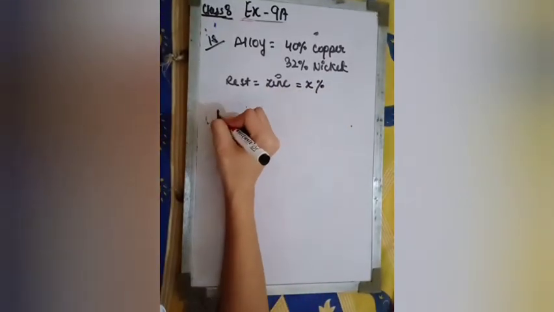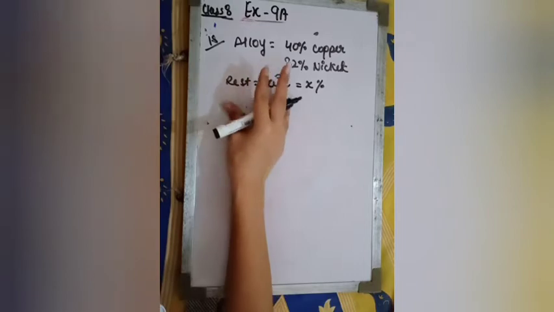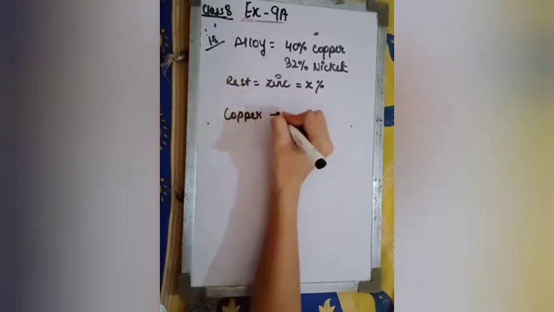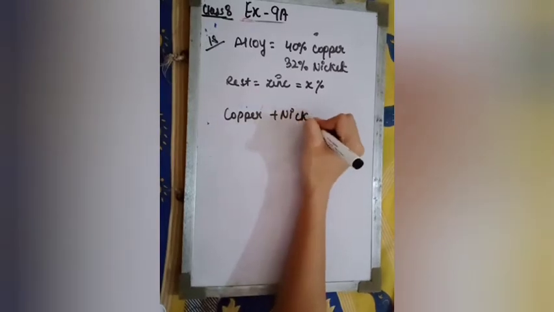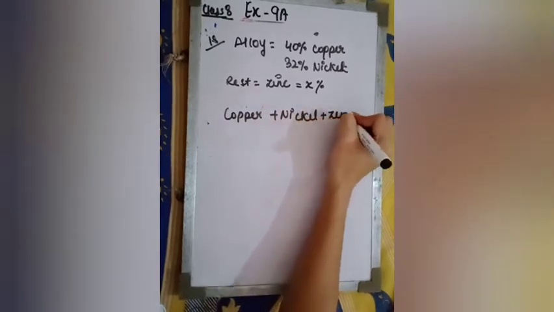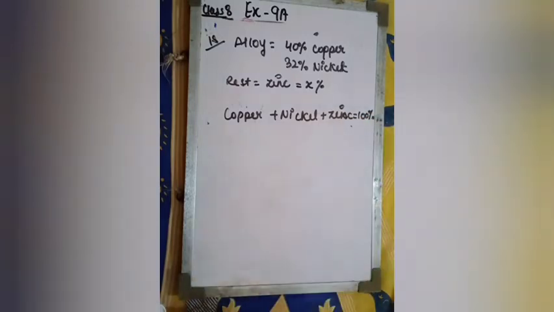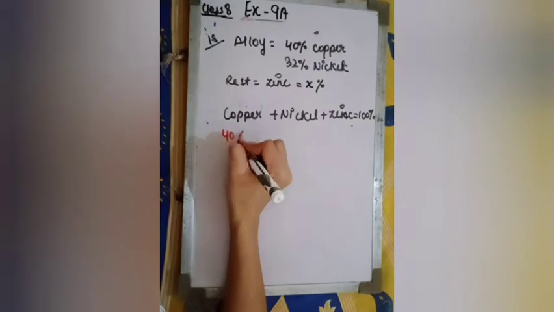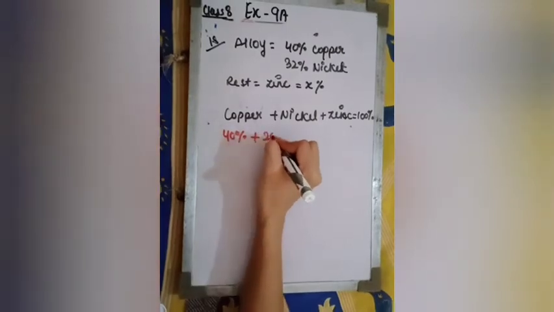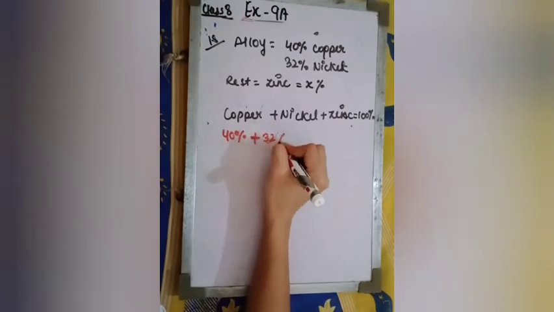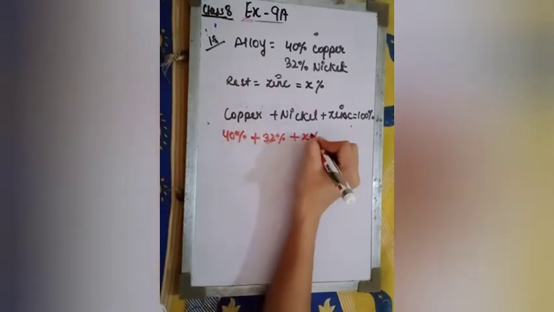See, the total alloy is 100%. So this copper plus nickel plus zinc, they should together be 100%, right? Here copper is 40%, nickel is 32%, and zinc is x%.